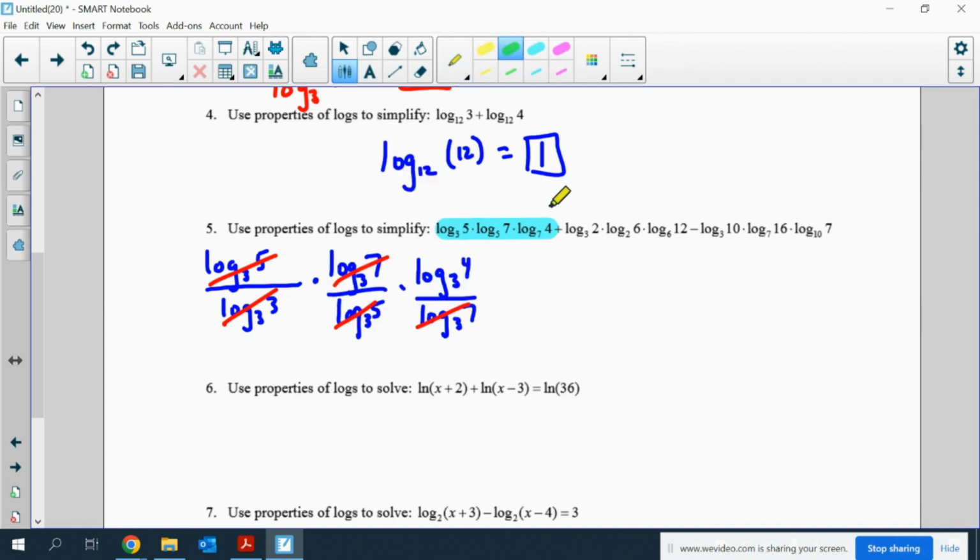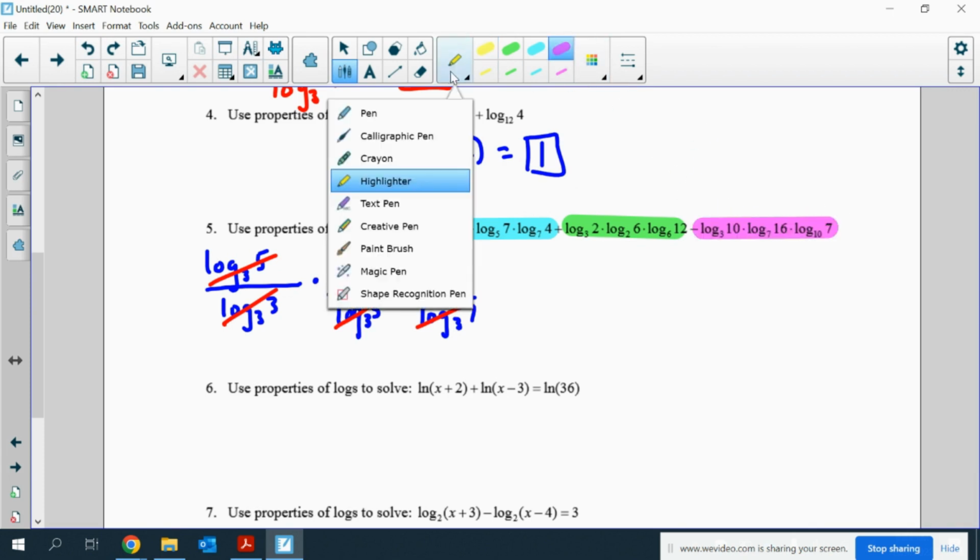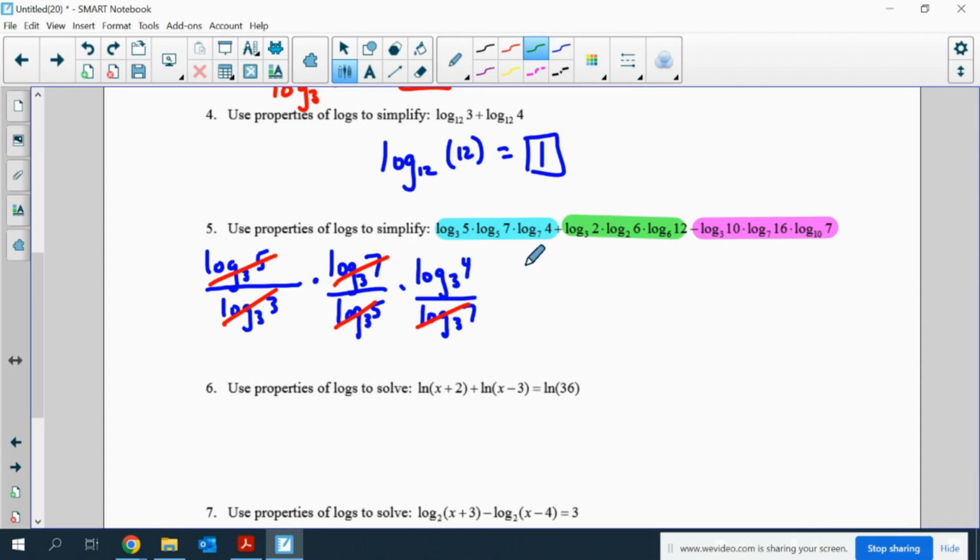I can use the exact same situation. Yellow may not be the best choice for these. So I'm going to choose log base 3 again, and the reason why I'm choosing log base 3 is I kind of know what the answer is. But even if you didn't choose log base 3, at the end you could use a change of base formula again in order to get what you need.